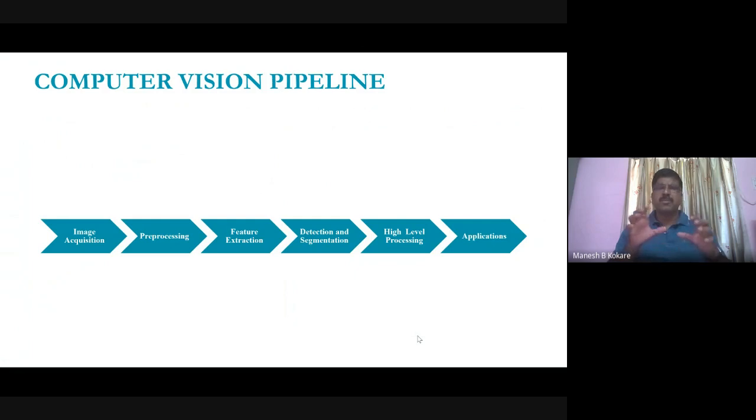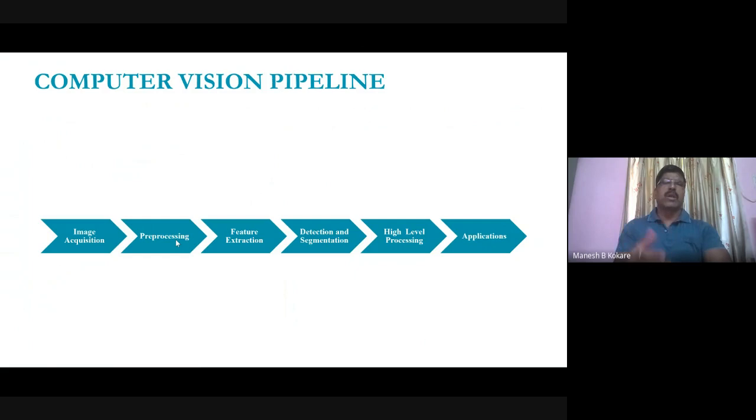Similarly, suppose for example an image is corrupted with noise, a lot of noise is there, so we'll see what is meant by noise in the image and so on. Then we have to remove that noise first, and after that we can extract the features from the image. So this pre-processing step is very, very important. Sometimes we have to detect the edges of the image.